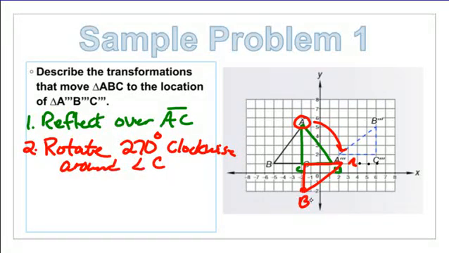And then our third step. I'm just going to erase what I have here to put our triangle where we want that to be.